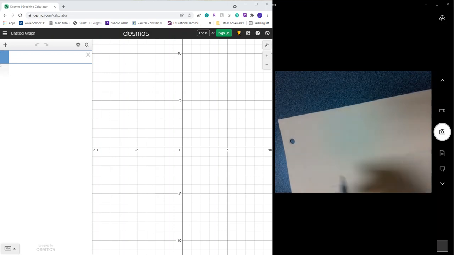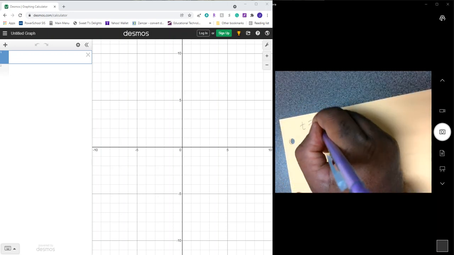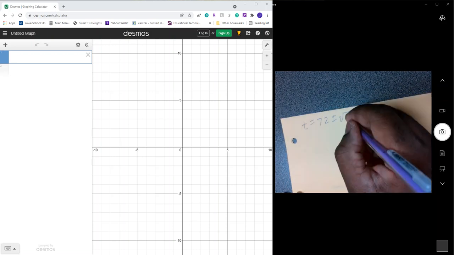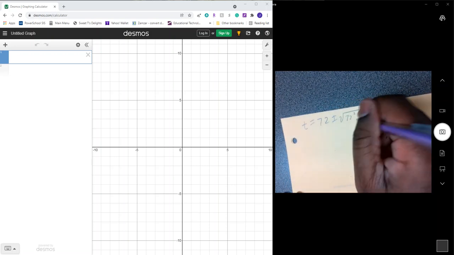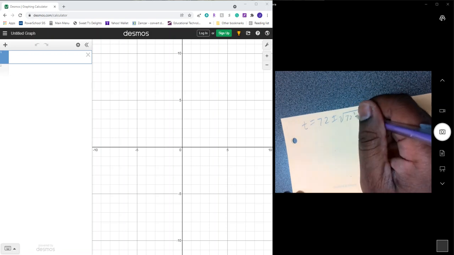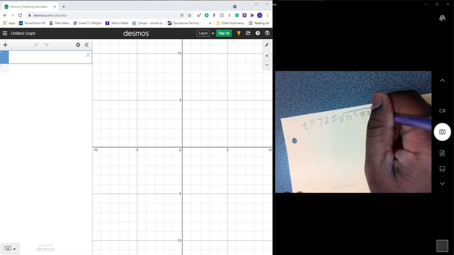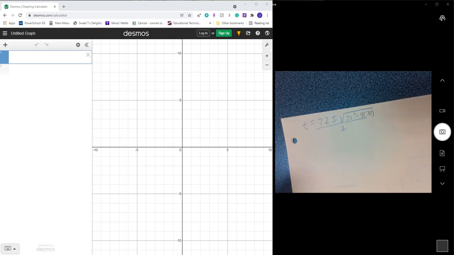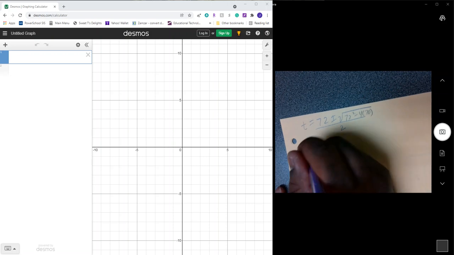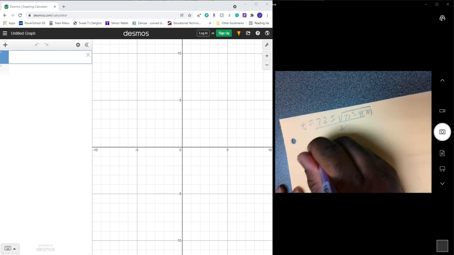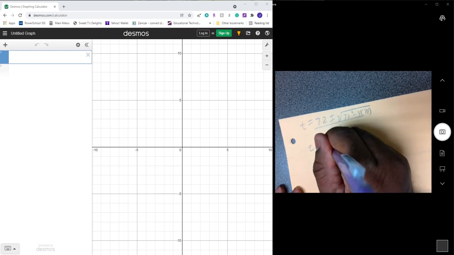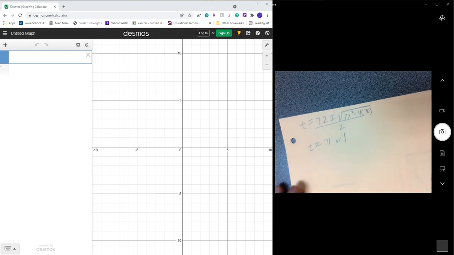So what we would have is t is equal to 72 plus or minus the square root of 72 squared minus 4 times 70 all over 2. Now when we put all this in our calculator, our t would be approximately 71 or 1 with the plus or minus.